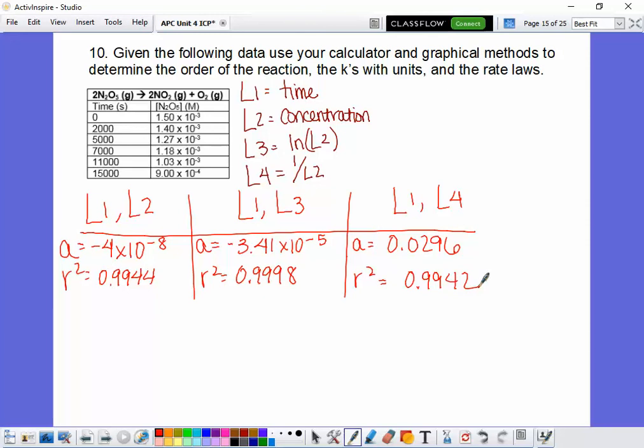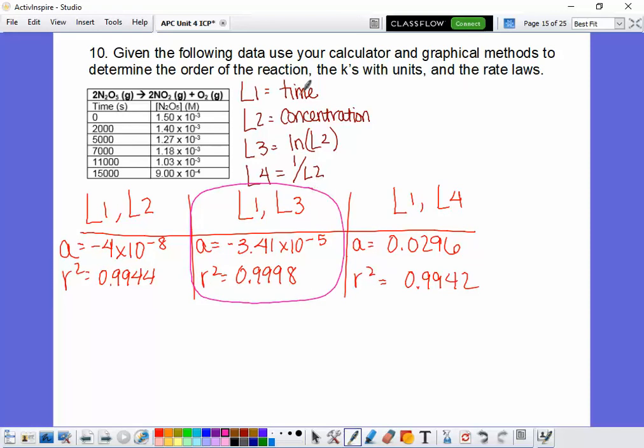Okay. So now, from this, what all this means. So we just did a whole bunch of stuff with the calculator, and you're like, what are we doing with all this? The whole point of this was to figure out which graph, which set of data gives me my straightest line. And that's why we wanted the R squared value. Okay? So which R squared value is closest to 1? L1, L3. Okay?